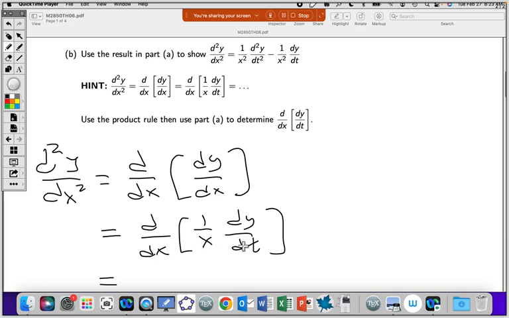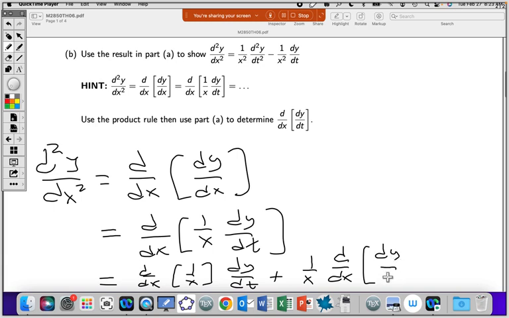So I'm taking the derivative of a product of two functions. So we'd have to use the product rule. So derivative of the first, so d dx of 1 over x times the second plus the first times the derivative of the second. So the derivative with respect to x of dy dt.